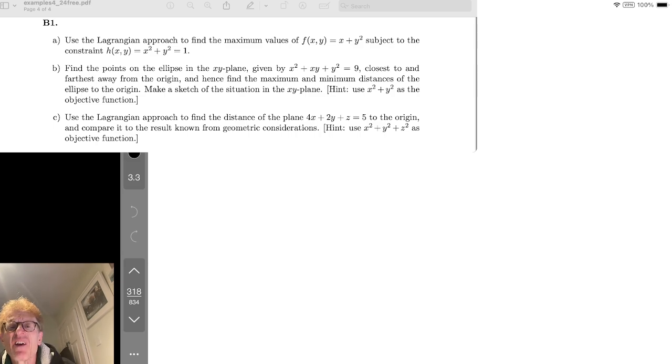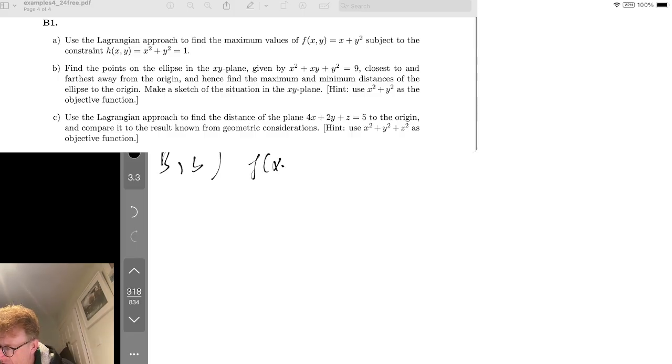So B1b. Find the point on the ellipse in the xy plane given, closest to and farthest away from the origin. So we need a distance function. Make a sketch of the situation in the xy plane.